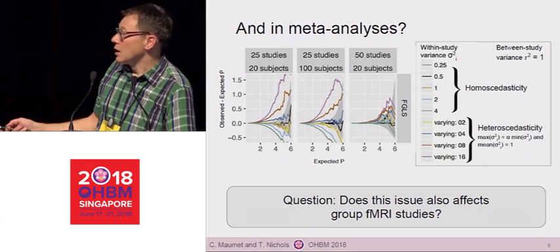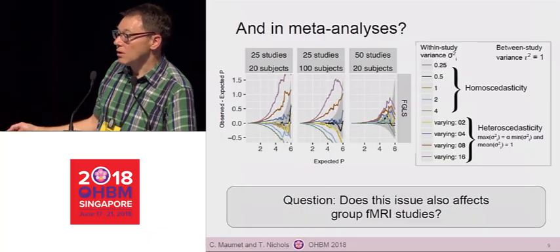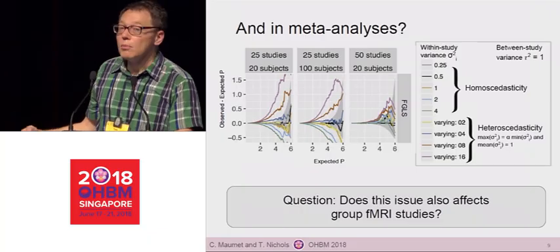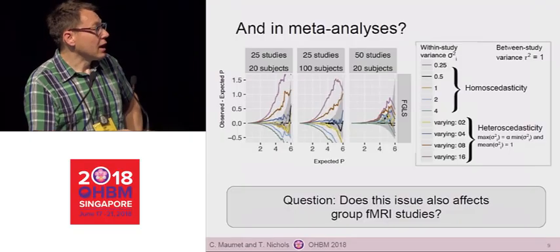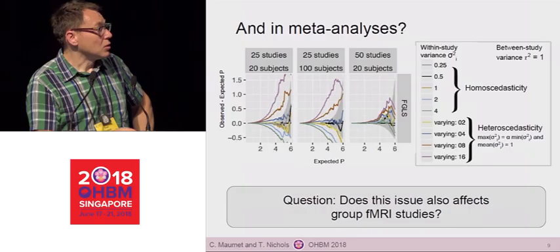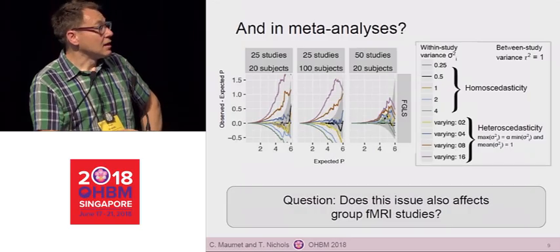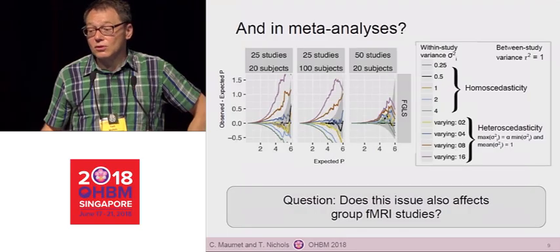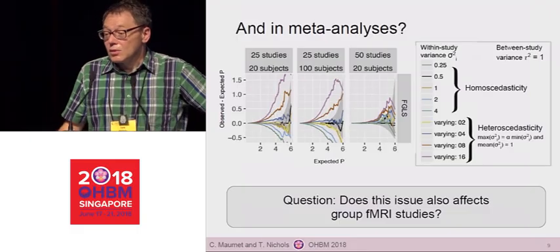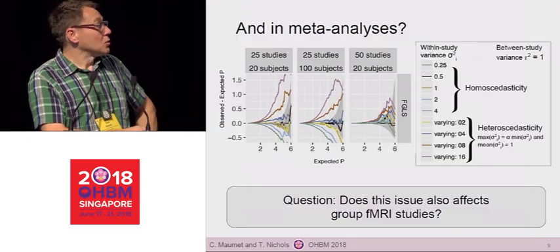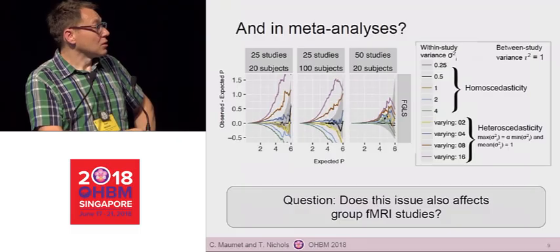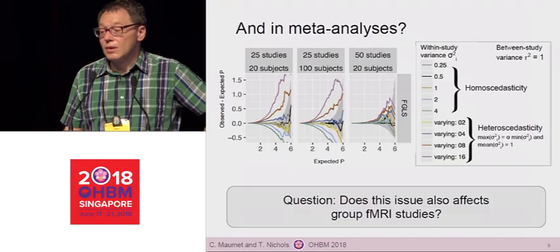And if you look carefully at these colors, you'll see that they always fall below the line. So having a range of different within study variances actually tends to make the results conservative. And it doesn't really matter whether you have 20 subjects or 100 subjects, they're both conservative.